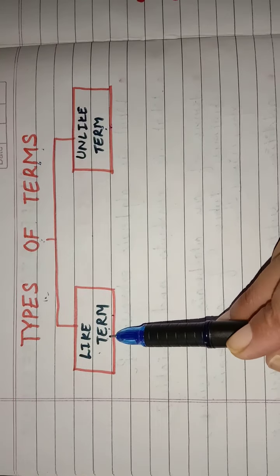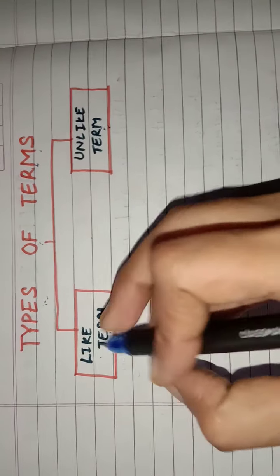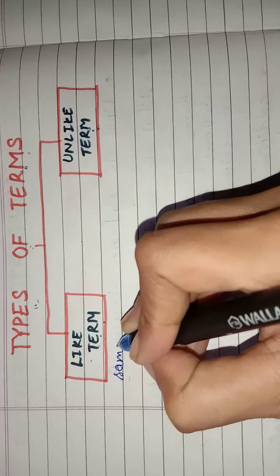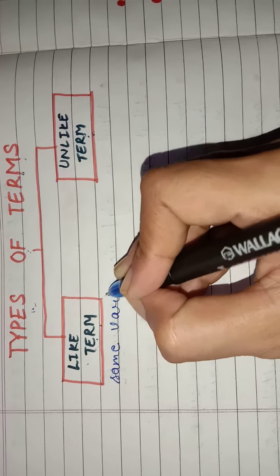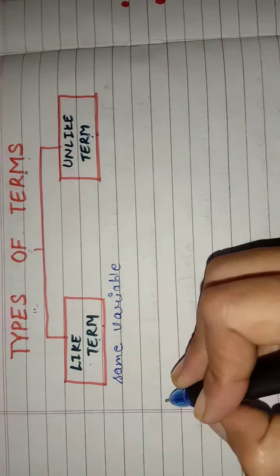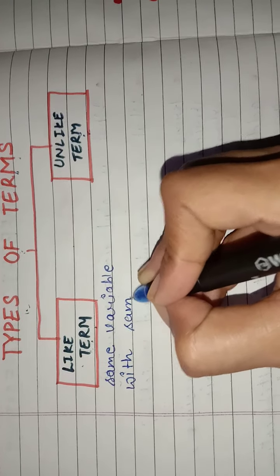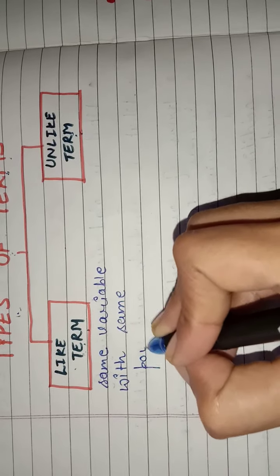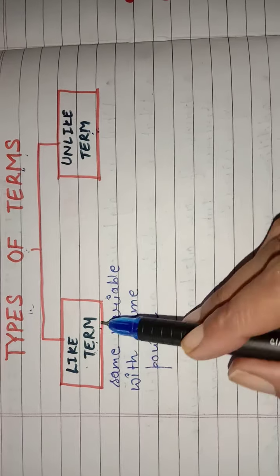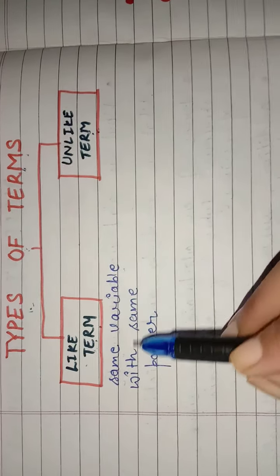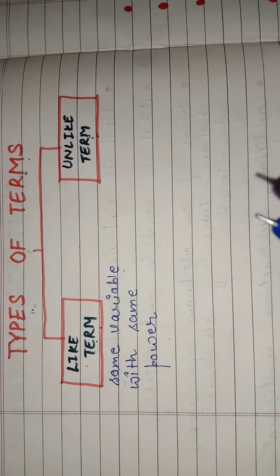Let's see. Two terms are like if they have same variable with same power.